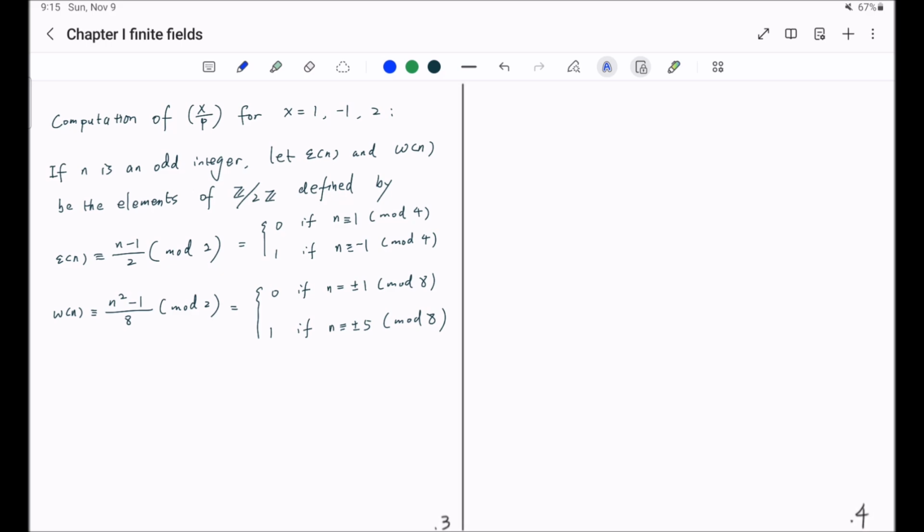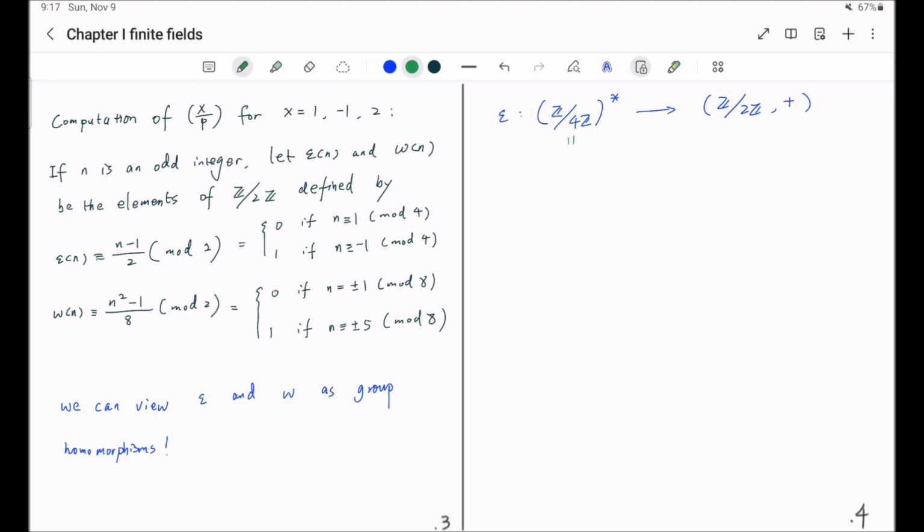We can actually view epsilon and omega as two group homomorphisms. This epsilon can be viewed as a group homomorphism from the group of units of the ring Z mod 4Z to the additive group Z mod 2Z.